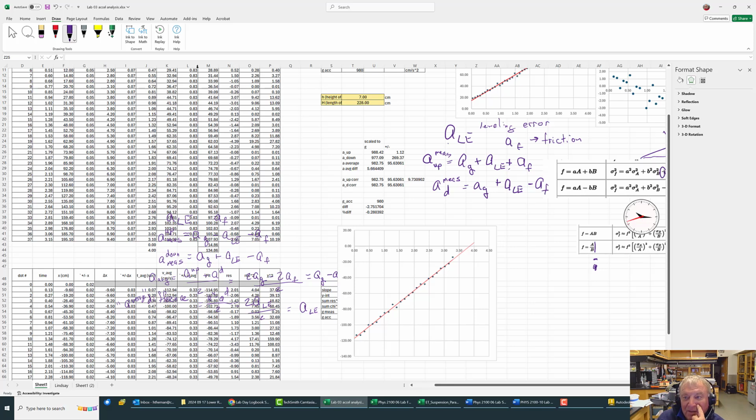So now, if I take the average, so that means I add them together, A up measured plus A down measured divided by 2, you see that the frictional elements cancel, and you're left with the acceleration of gravity plus the acceleration due to the leveling error.